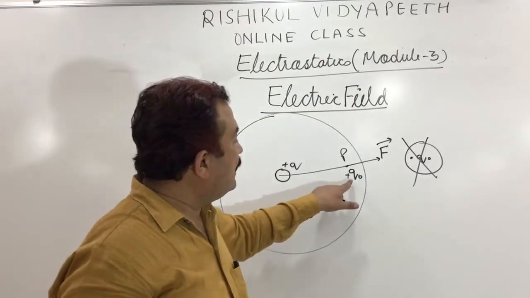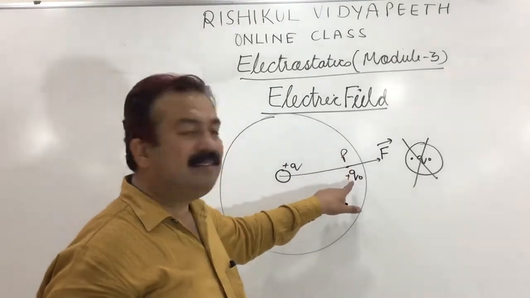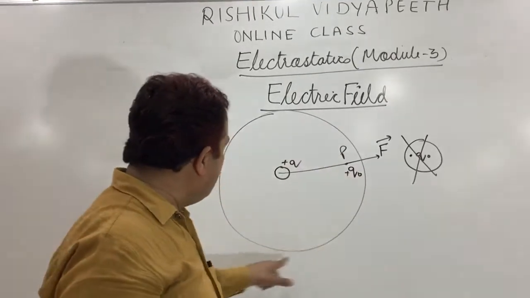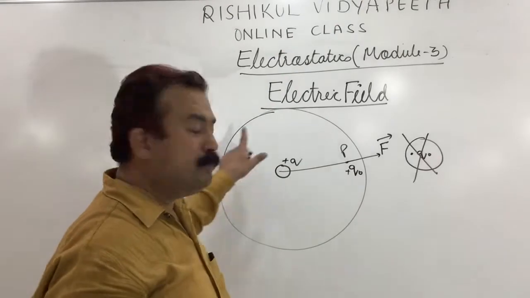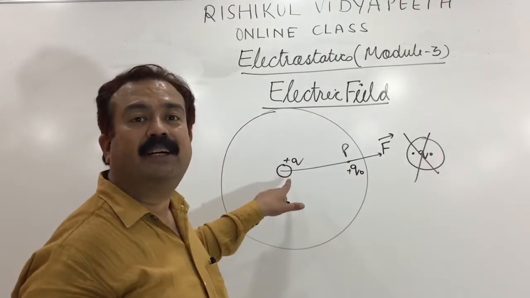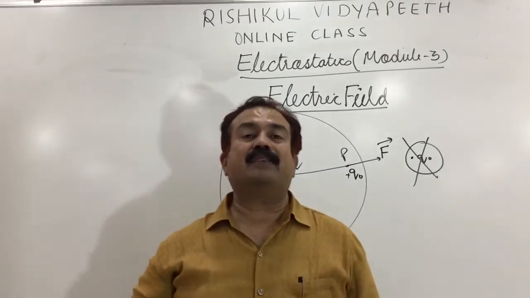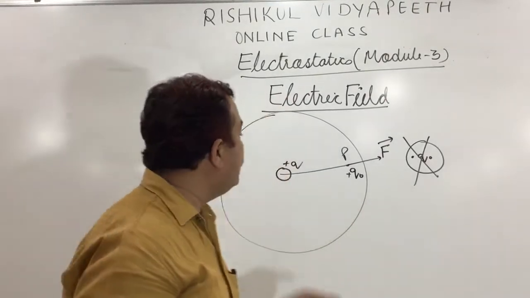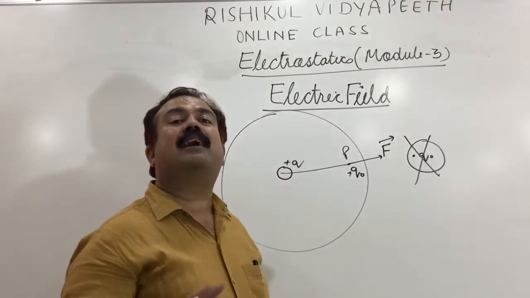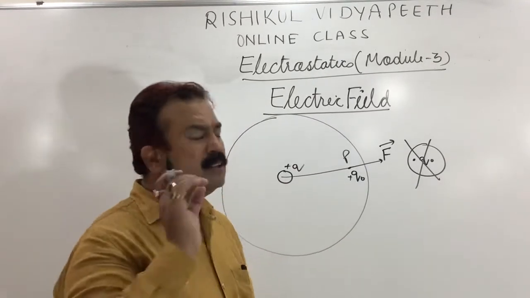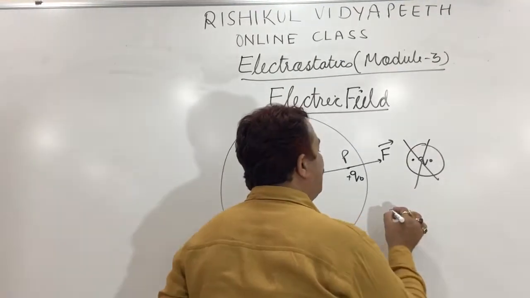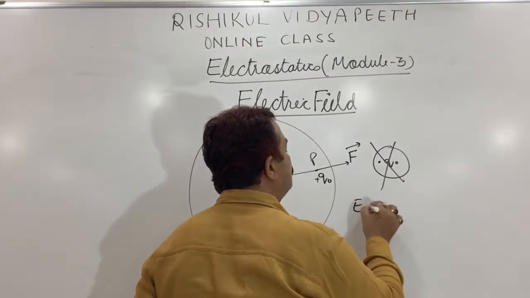But in this case here at point P, the test charge is present and this complete boundary surrounded portion of the source charge in which the test charge is experiencing the force of interaction exerted by the source charge is called as electric field. Now the term comes, that is electric field intensity.